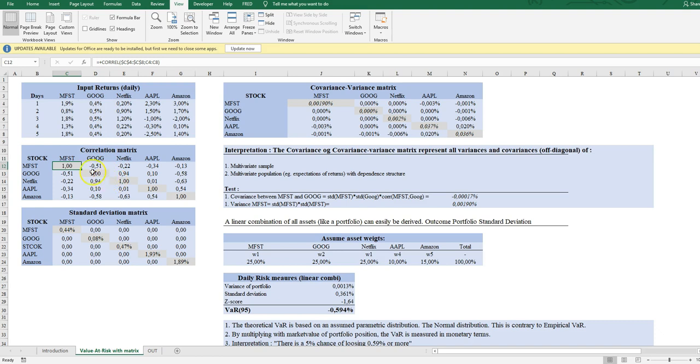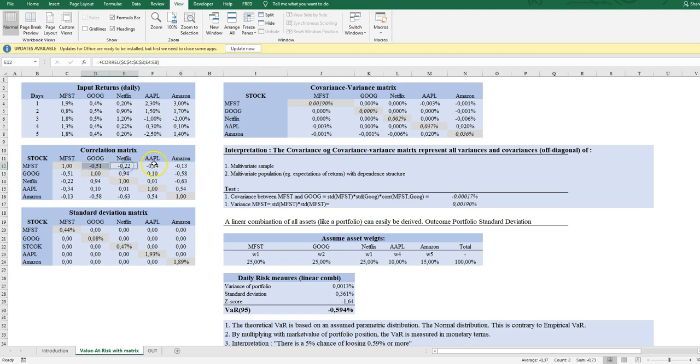And always when you build a correlation matrix, you can check if you have done it right by at least noting that you have ones on the diagonal, because all assets' correlation with themselves is 1, and the off diagonals, correlation between Microsoft and Google, for instance, minus 0.51, and so on.